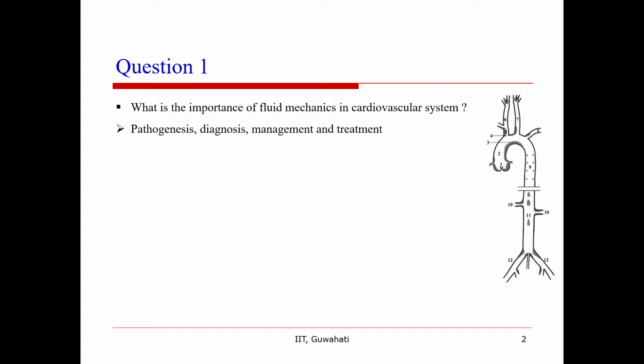So the required blood flow to a certain organ or tissue may not be adequate, and that may result in problems, for example heart attack or stroke, depending on which artery the atherosclerosis is present in.